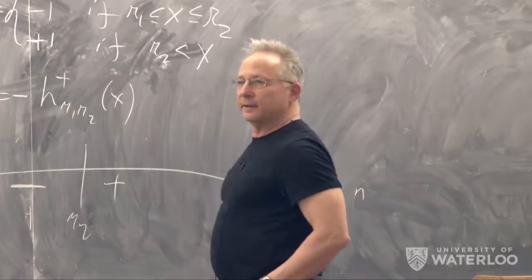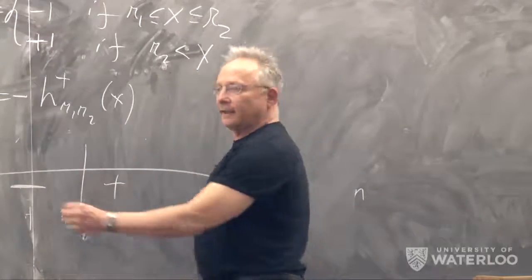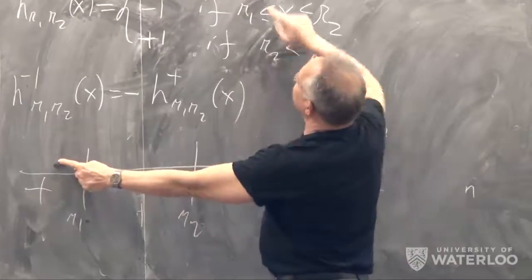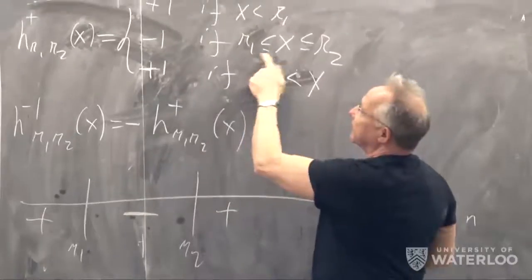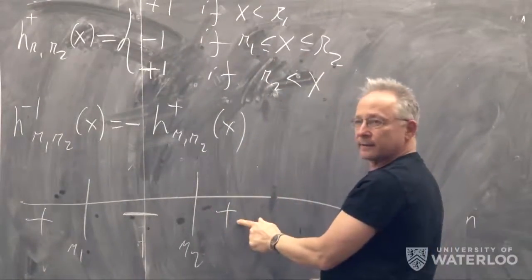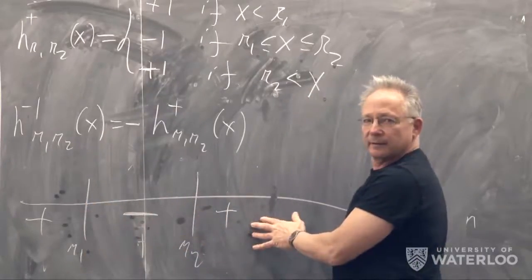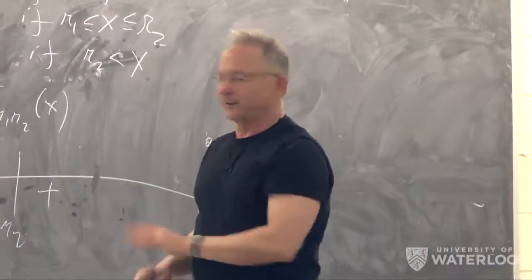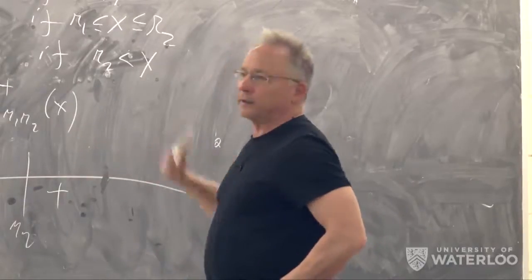No, I'm saying if x is here, it's plus. This is R1. If x is here, it's x less than R1. If x is between, then it's minus. And if x is above R2, it's a plus. So it's a plus minus plus. Did I make a mistake here or am I okay? You're okay. Okay. So this is my class. It's a class of all three partitions of the line.